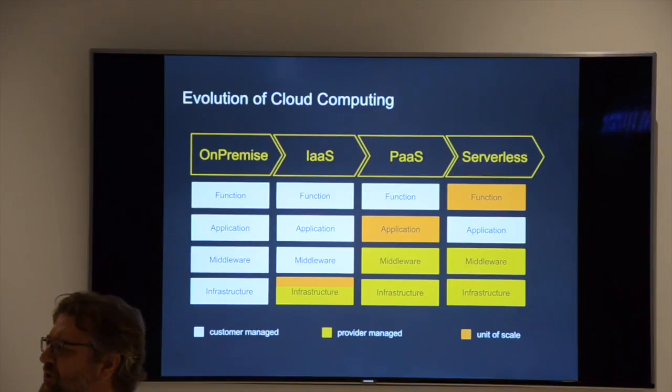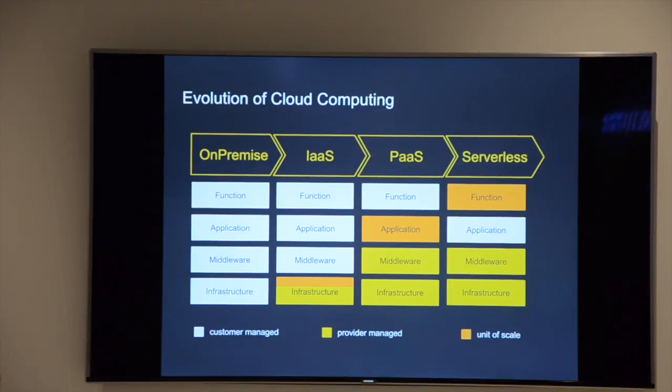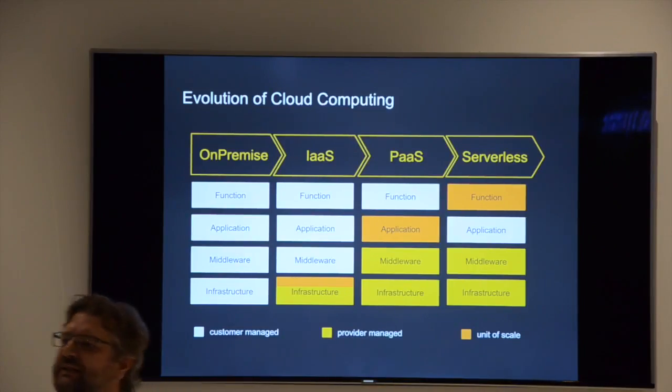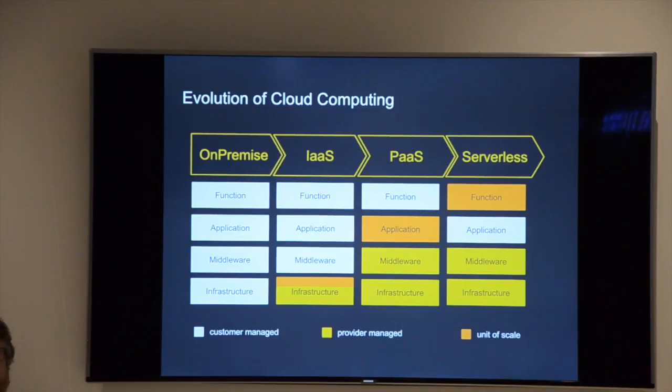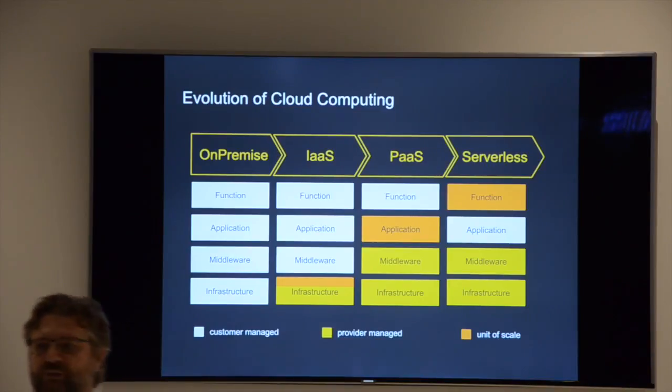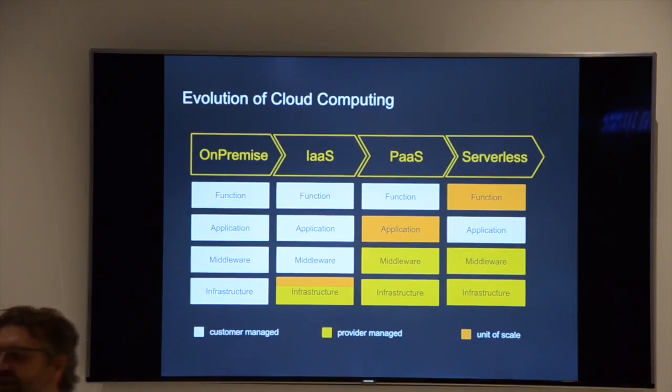Then those IaaS providers thought that it would also be a nice idea to provide some additional things, and so they introduced those platform as a services. You would not only get your infrastructure, but you were able to get build packs for your middleware, so you were able to get a Node.js build pack already installed on your machine, or a Java web server already installed. And additionally, those platform as a service providers also gave you software as a service, so they provided you services that you can use.